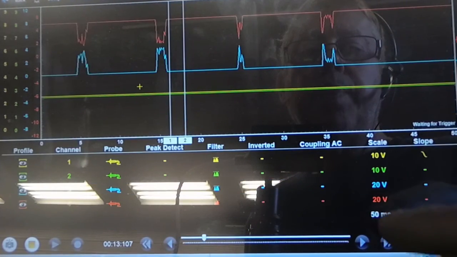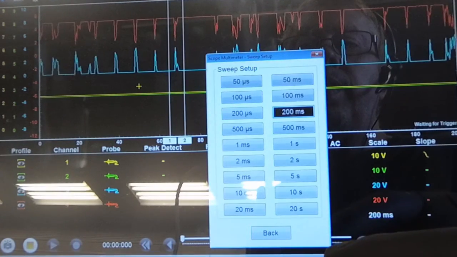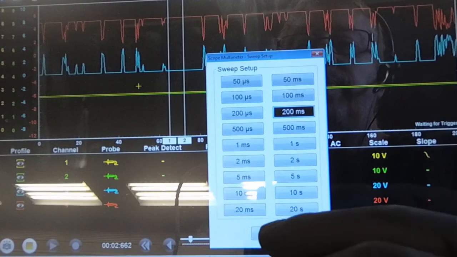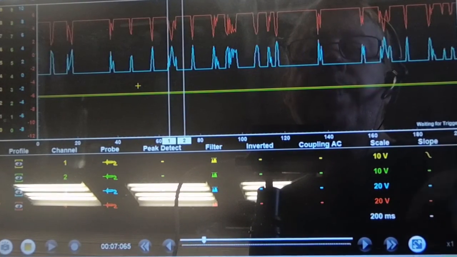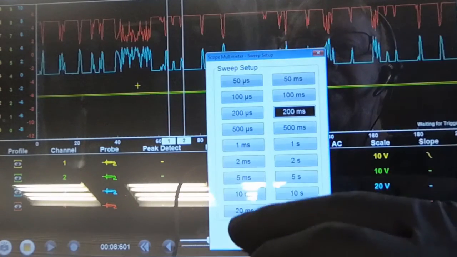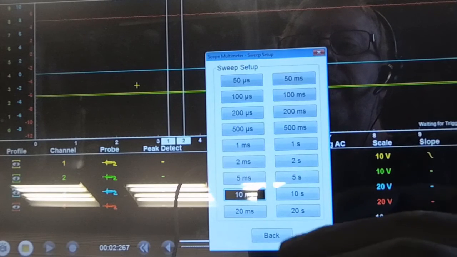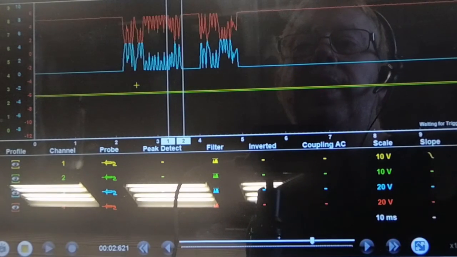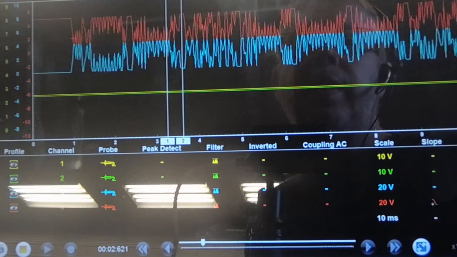Let's try changing the time base. Let's go to 200 milliseconds. Still looks awful dirty. Let's put the trigger on this channel.